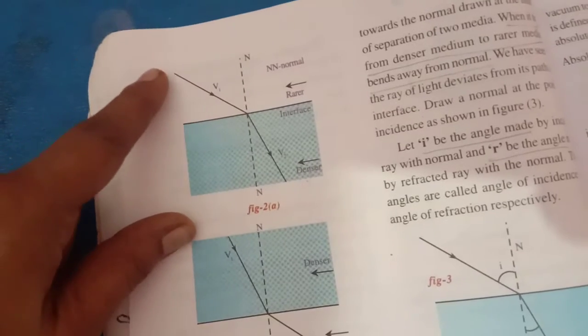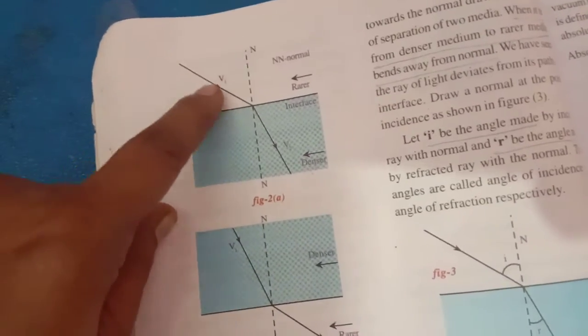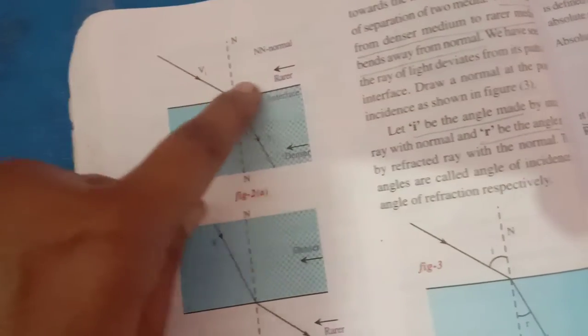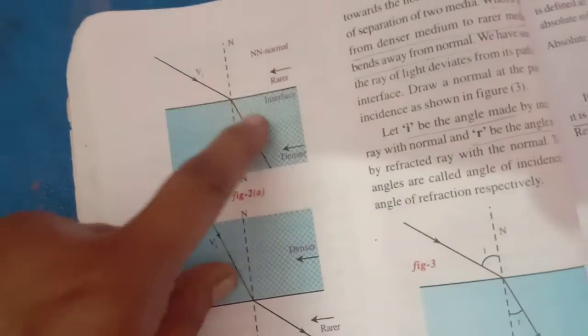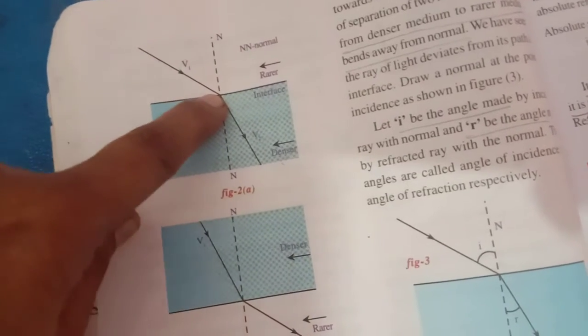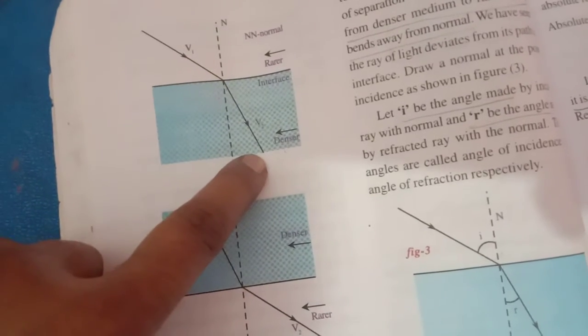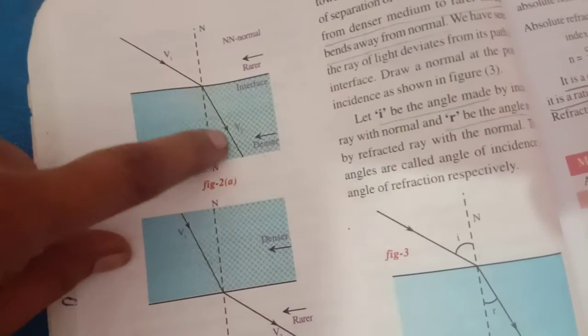So when light travels from air with velocity V1, that is a rarer medium. When it touches the water surface, it deviates and light travels in water, a denser medium. Getting, children?